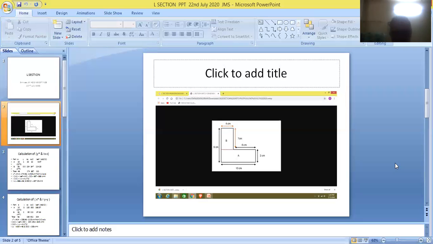Friends, in all sections, generally horizontal components are referred to as flanges, and vertical components are referred to as webs of the sections. For making the item in the form of a letter L, the flange has to be placed in the bottom portion.